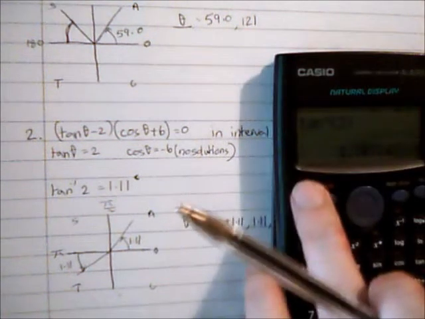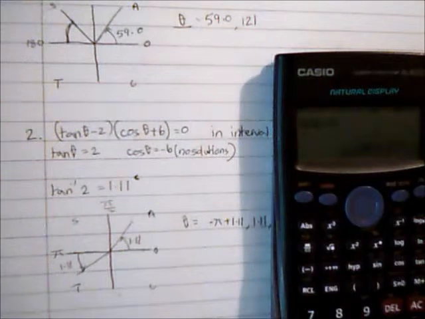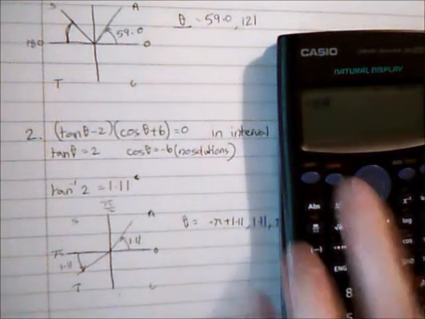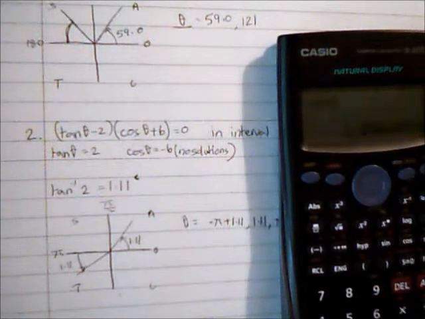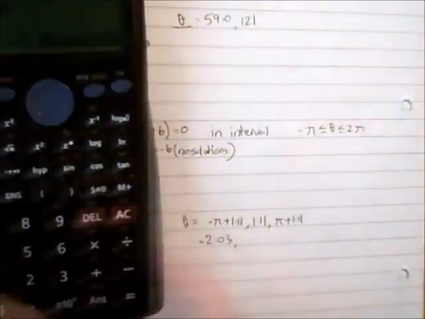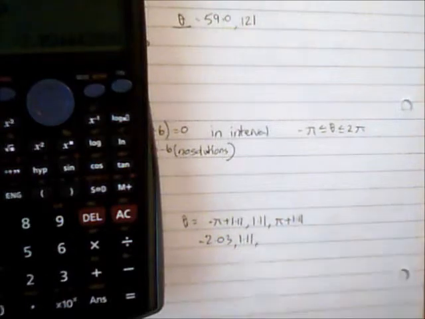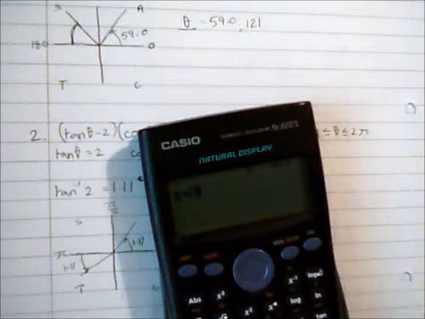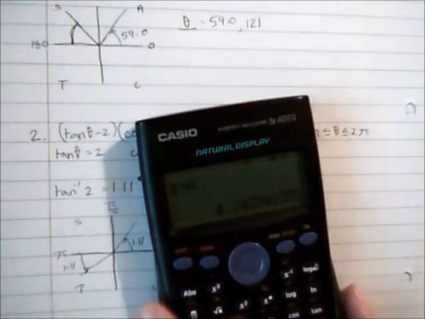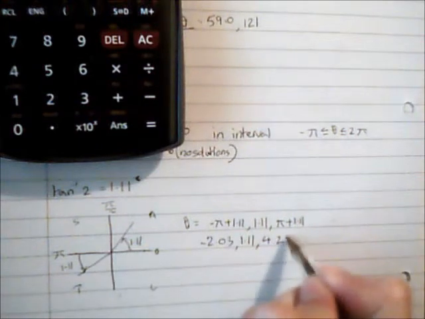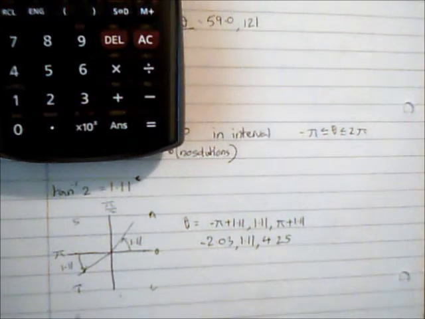So I'm going to do shift store A. So that's now stored in memory A. So now I can do negative pi plus A, which is negative 2.03. 1.11 is just a numerical answer, and then we've got pi plus what's in memory A, and that gives me 4.25. And now I have all my solutions within the interval.